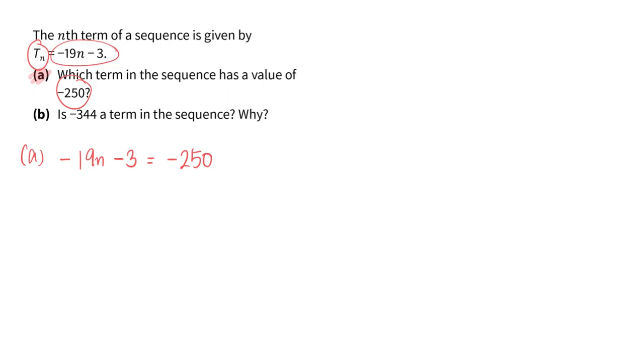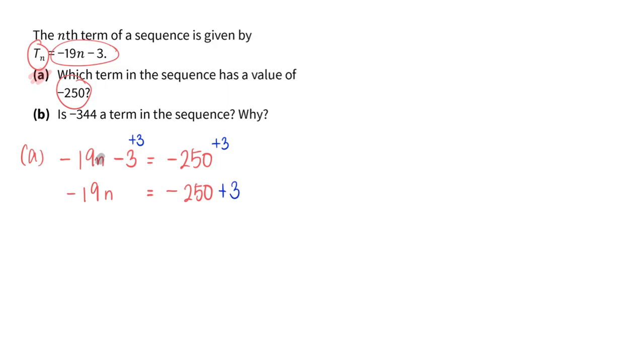And once you equate that, you can then see that we can find the value of n pretty easily. So I'm going to add 3 on both sides such that I'm left with negative 19n here. I will have negative 250 plus 3.